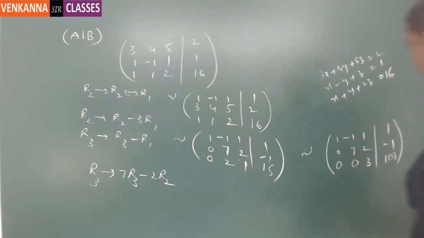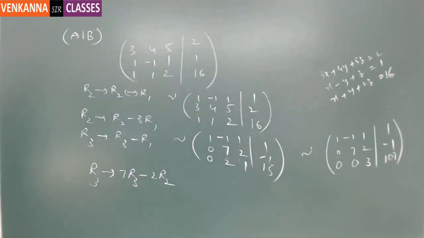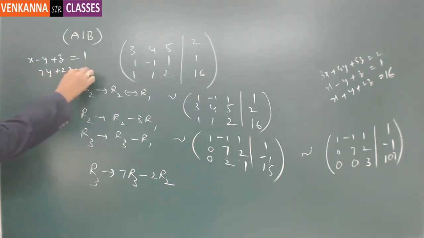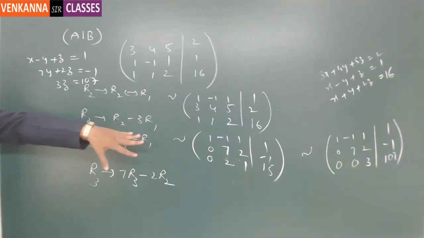Am I correct? Right. So we will write the respective equations as x minus y plus z is equal to 1, 7y plus 2z is equal to minus 1, and 3z is equal to 107. I think all of you agree with my computational values. I hope so.